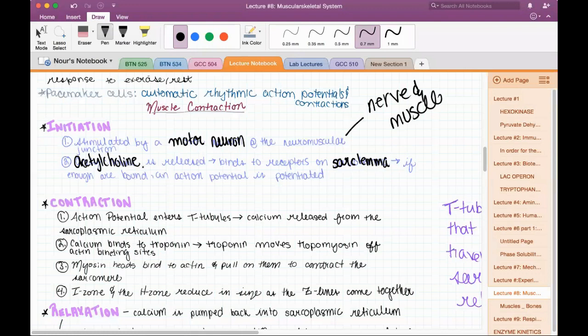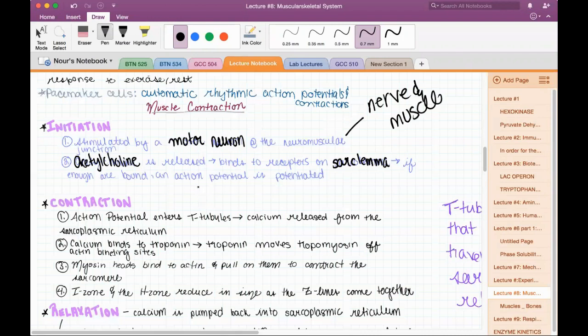Acetylcholine comes in after the muscle got the command from the nervous system, right? It'll bind to receptors on the cell membrane of the skeletal muscle, called the sarcolemma. And remember, if you reviewed your nervous system, if enough action potentials or summation occurs, it's an all-or-nothing process, so if enough are bound, an action potential will be generated.